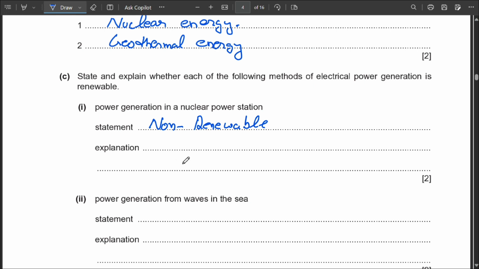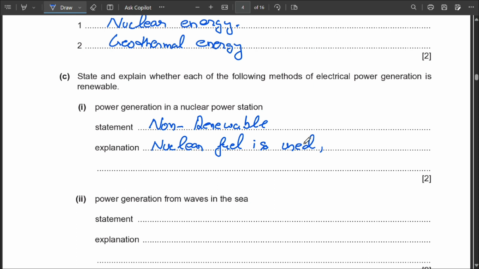Why? Because first of all, nuclear fuel is used up. Suppose you take uranium, that is not forever, because if we are using uranium, it will be used up and it cannot be replenished.